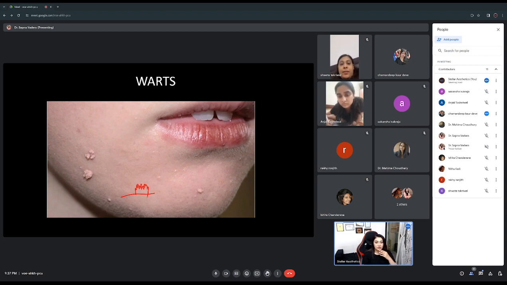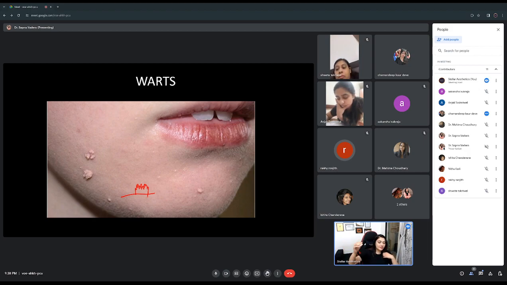Cauliflower like. Rough. Pedunculated. What is this? HPV infection. It's a sign of HPV infection. Okay, it's a manifestation of a viral infection, a clinical manifestation.